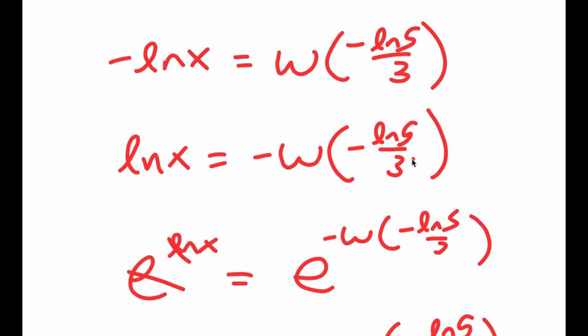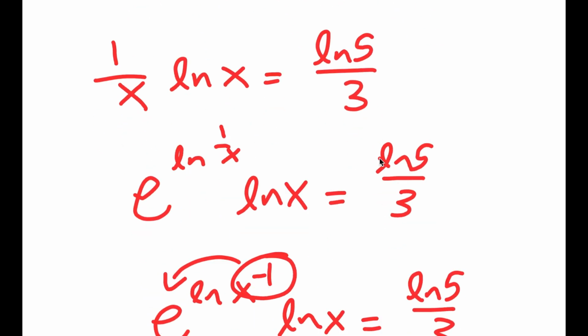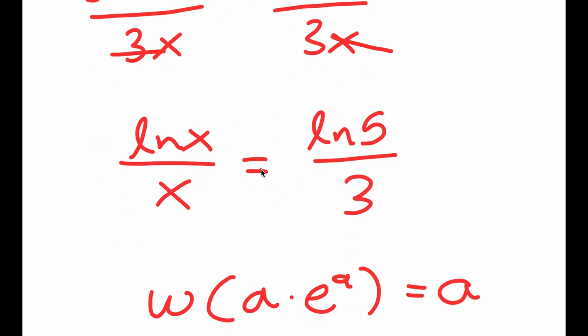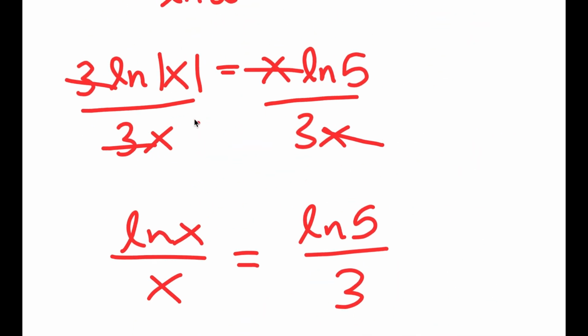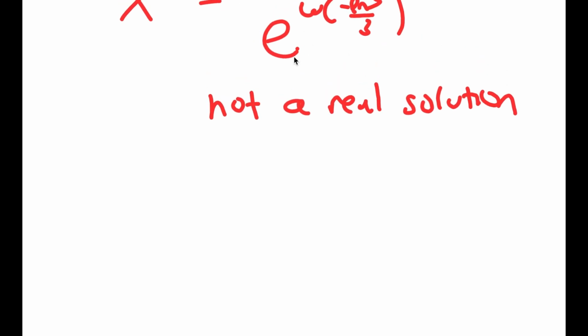But going back over here, we have 3 times ln of x, and the actual form of this is 3 times ln of the absolute value of x. So we're going to account for the negative value of x. What we did over here is we accounted for the positive value, but we can also account for the negative value because this is the absolute value. So because this is not a real solution, let's see if there's a real solution with a negative value.